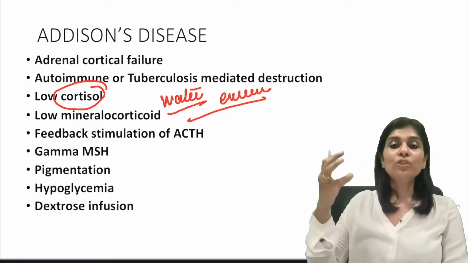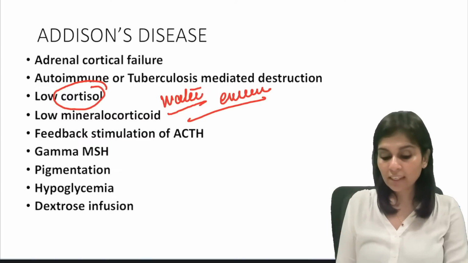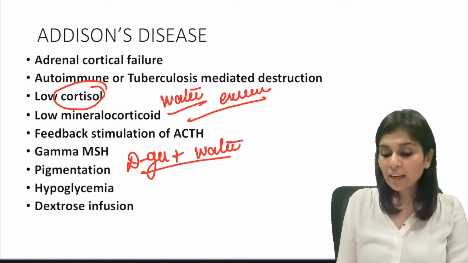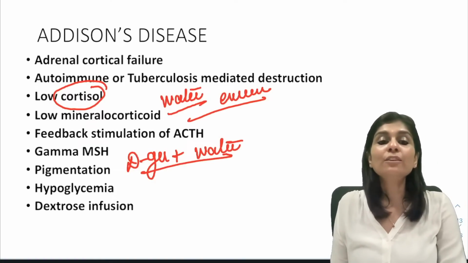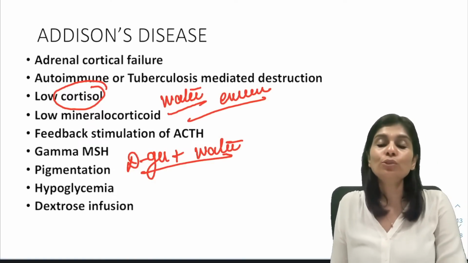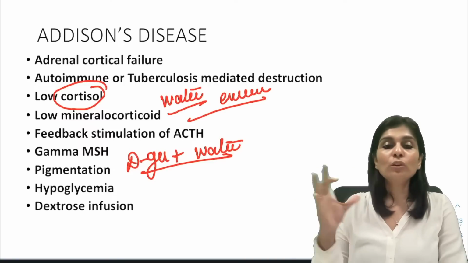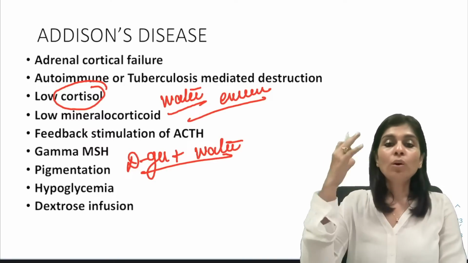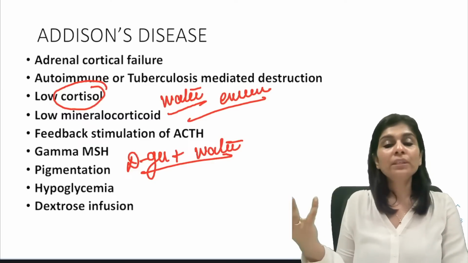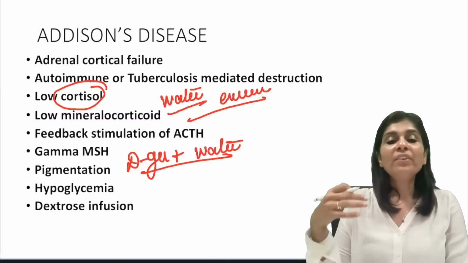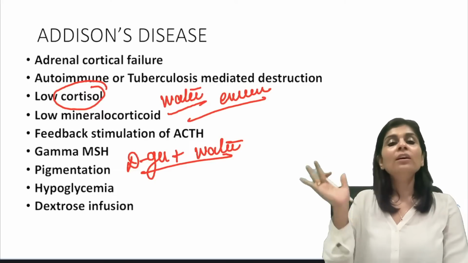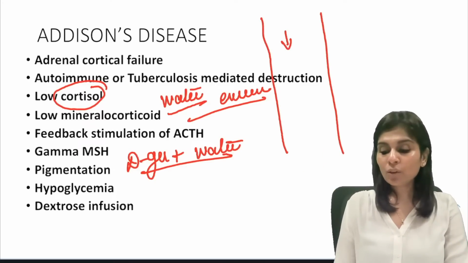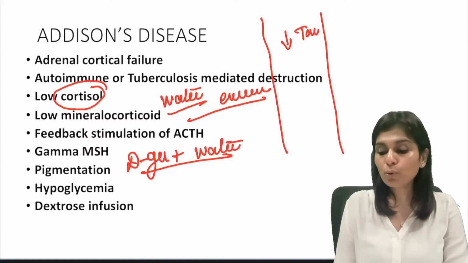So when you start dextrose infusion, what is dextrose? It is nothing but D-glucose dissolved in water. When you start the infusion, it is isotonic to plasma and isotonic to cells, so no movement of water. But soon the cells will start using glucose. But water is not getting excreted because the person does not have cortisol. When water is not getting excreted, water alone will stay back in the circulation, so the circulation becomes hypotonic.